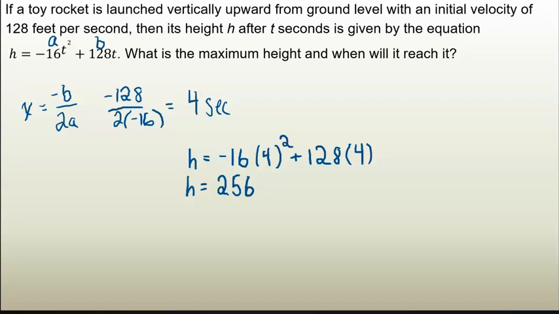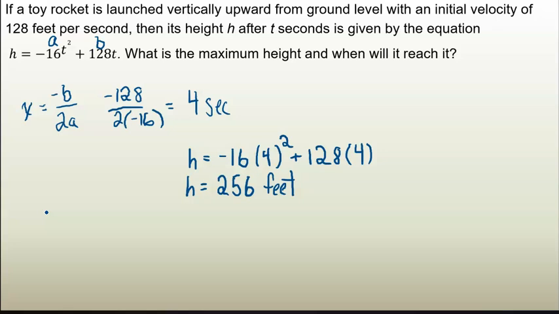After plugging this in, I have 256 feet. So here's some thought. It took 4 seconds for this toy rocket to get to 256 feet high. What's nice about these problems is you can actually stop and think about what kind of rocket we're dealing with here.